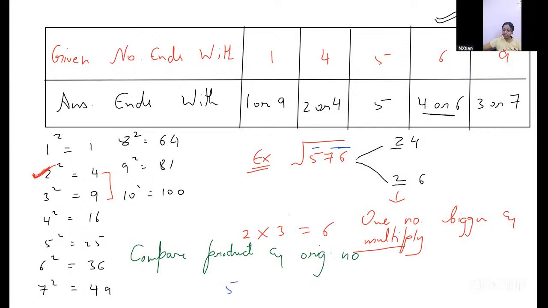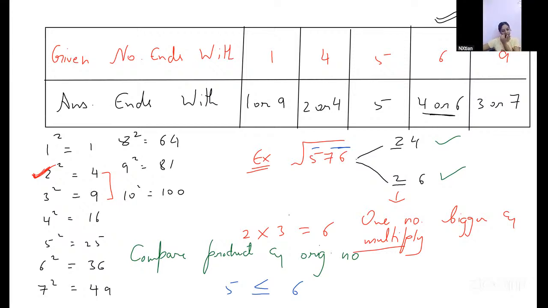We will see which one is greater and which one is lesser. 6 is greater, the product is greater. Now, what to do when the product is greater? When the product is greater, then out of these two we will take the smaller number, that is 24.